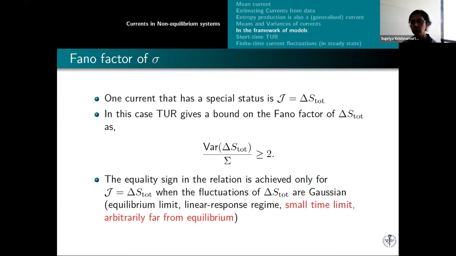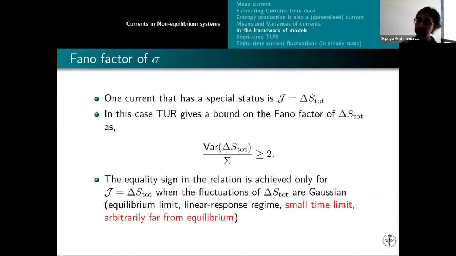To give you an idea, if my probability distribution of entropy production was Poisson, that would be 1, variance upon the mean. If it's a Gaussian, then it would be equal to 2. So the equality is obeyed if the probability distribution of the total entropy production is a Gaussian.